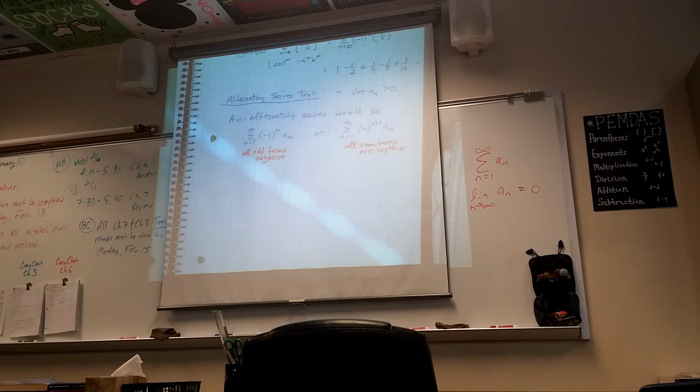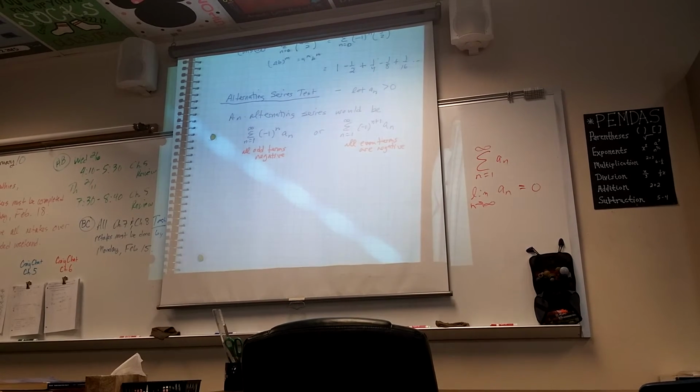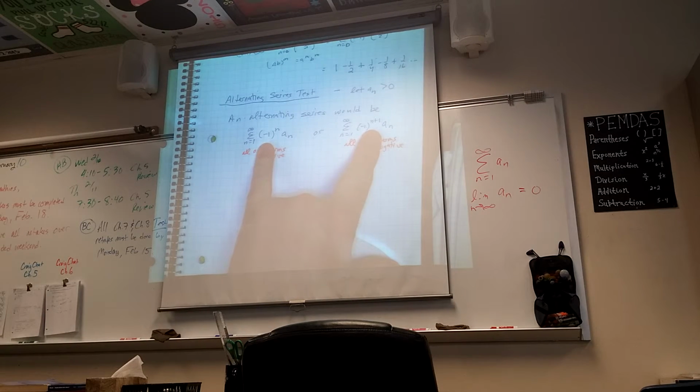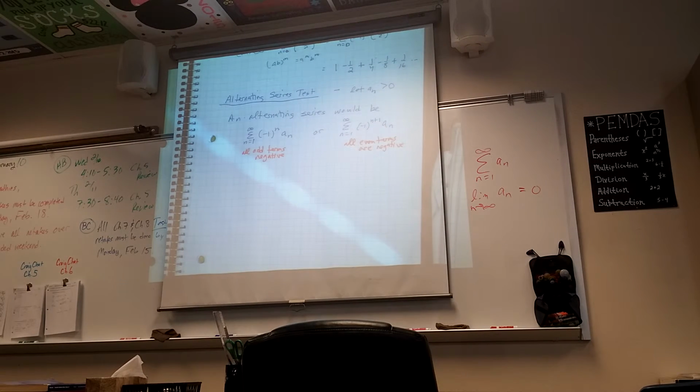An even plus an odd is an odd. So these are what alternating series might look like. In fact, I've even seen it where it's -1 to the n minus 1 power. It really doesn't make any difference. As long as you have -1 to some power, it's an alternating series.